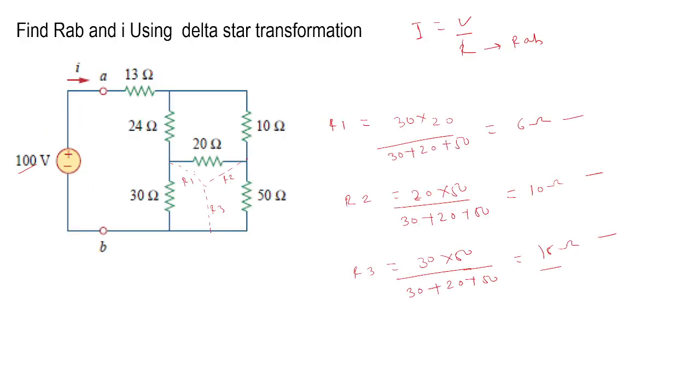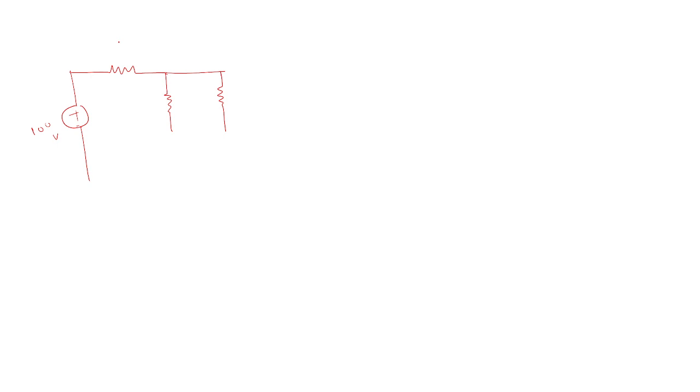Here what is the value? 13, 24. This will be 13 ohm. This will be 24 ohm. Again, this will be 10, you know. Now, the below network which is delta we have converted in star. So simply we need to draw here star network like this.